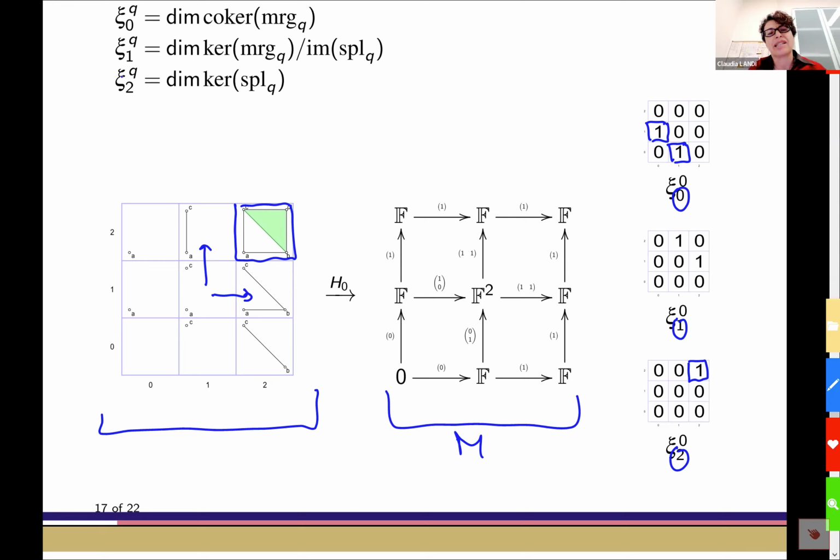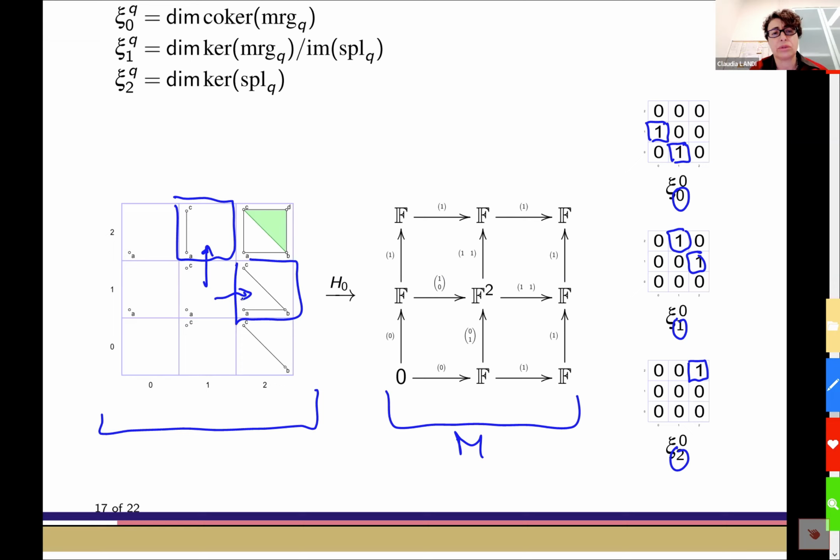And so psi 2 tells me that there is a death in 2 directions, whereas psi 1 tells me that there is a death only in 1 direction. So, for example, this one is a death in this direction, or this one is a death in this direction.